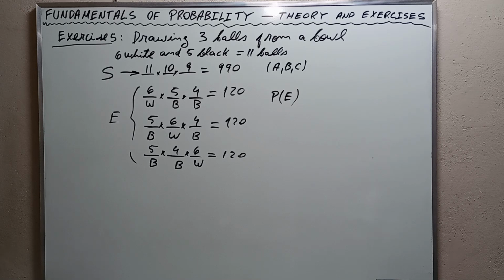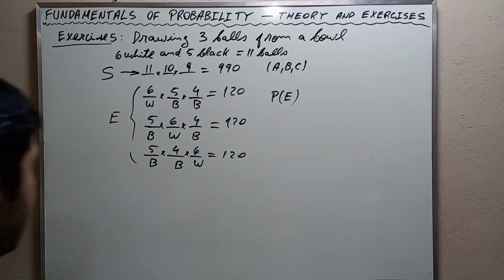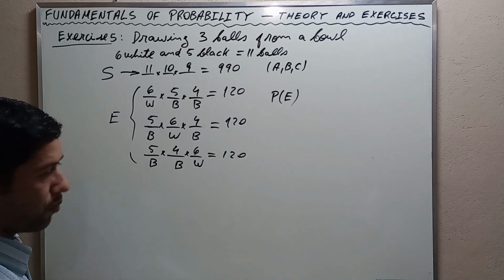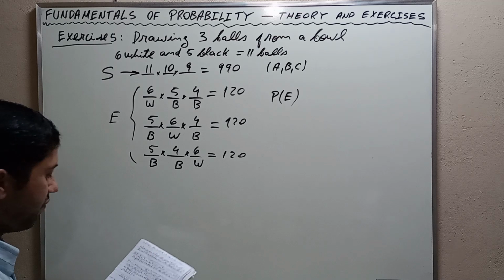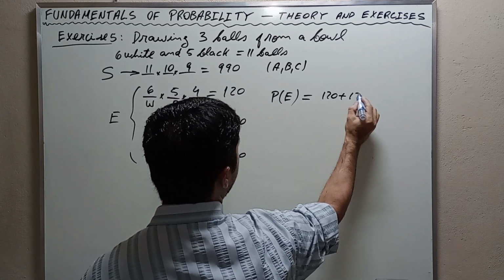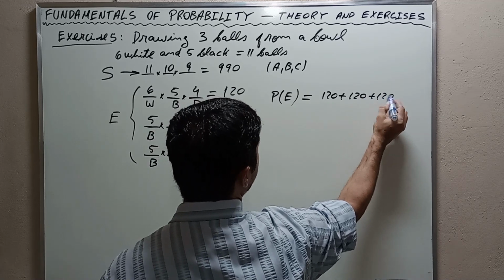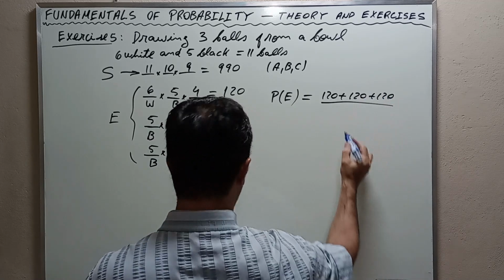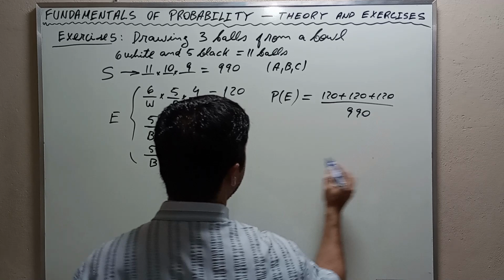Assuming that randomly drawn means that each outcome in the sample space is equally likely, the desired probability is equal to 120 plus 120 plus 120 divided by 990.